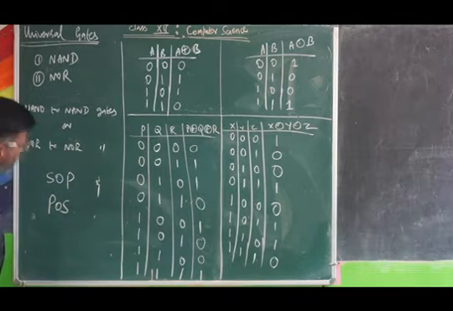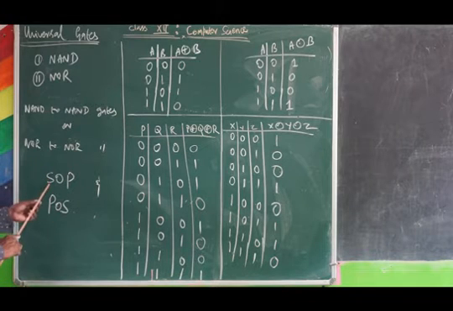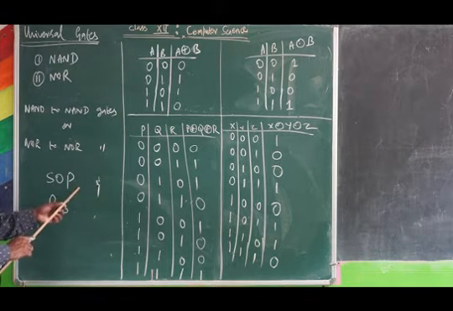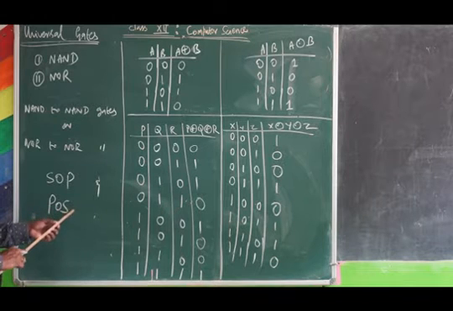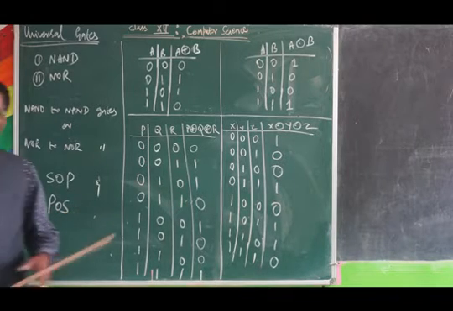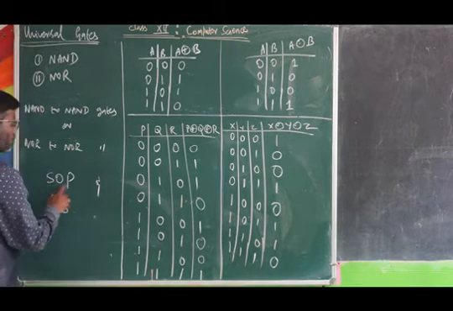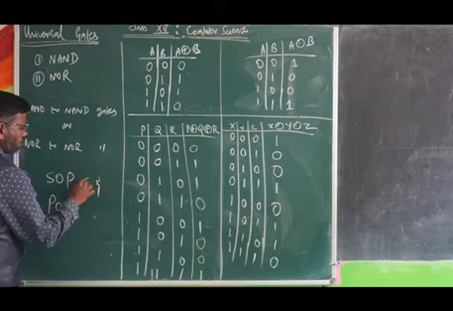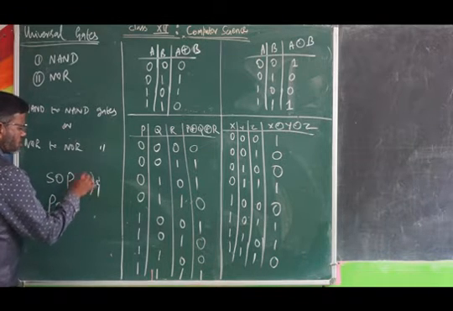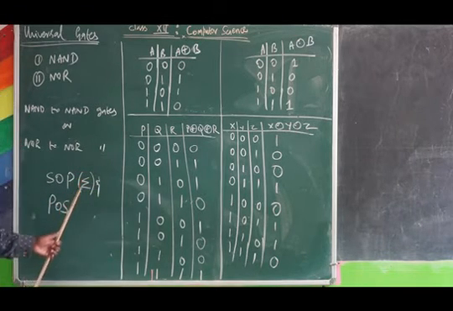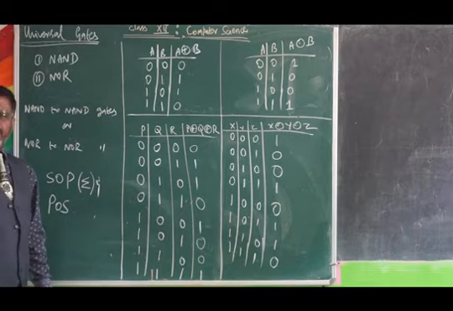What is this SOP? SOP is sum of products, and POS stands for product of sums. As you have learned in the first chapter in Boolean algebra, SOP is denoted by a symbol called sigma. Sigma is sum of products.